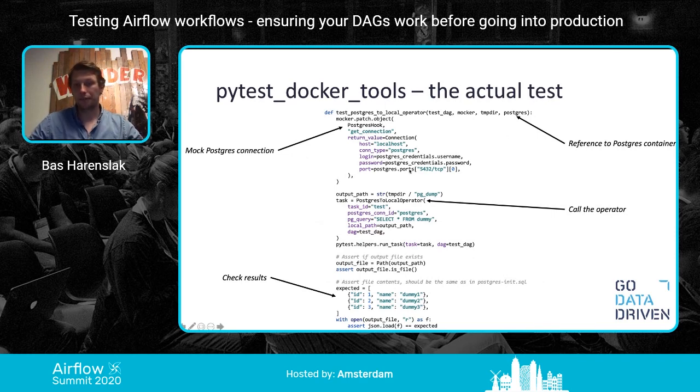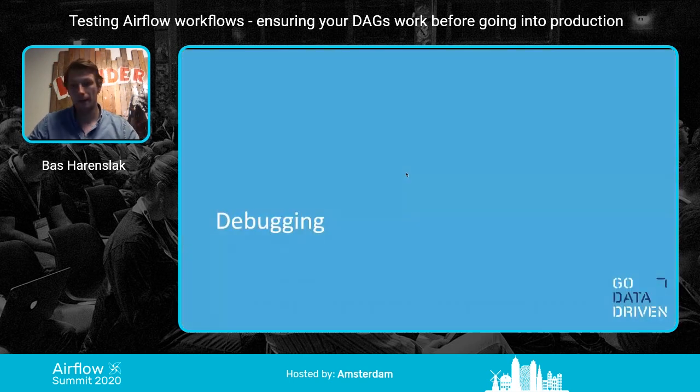And that way you can spin up Docker containers with whatever external system you have within your test, run some queries or run some operators or whatever you like. And then after the test ends, your test is finished and the Docker container is killed again.